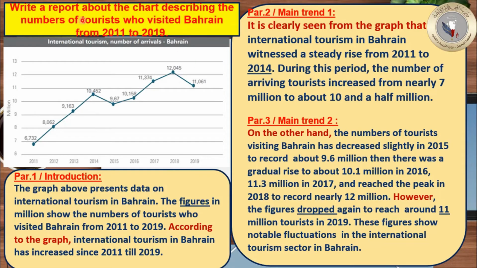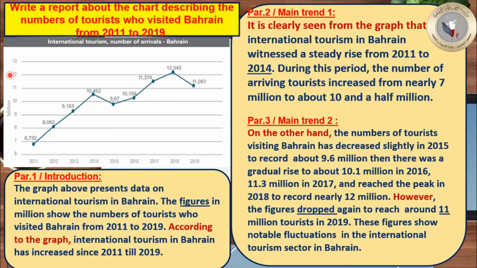Write a report about the chart describing the numbers of tourists who visited Bahrain from 2011 to 2019. At first, I ask you now to look carefully at this line graph. We have two axes.